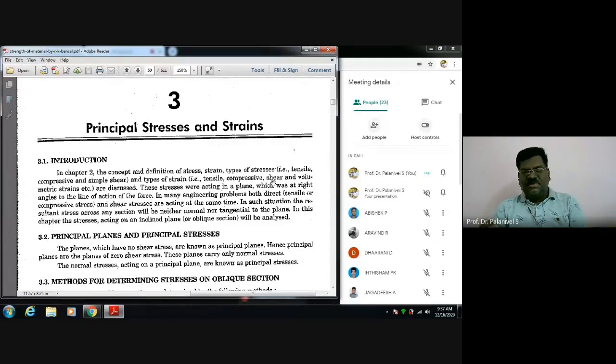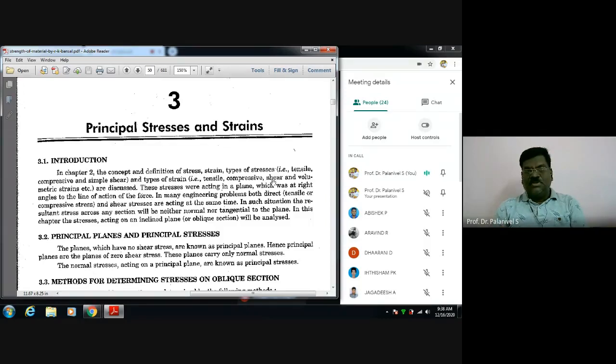I will tell you in a simplified way before starting the theory. You all know how to determine stress. When a body is subjected to external loading, either push or pull, you know how to compute the stress induced in that body.